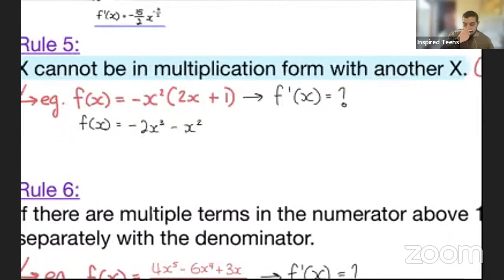Now x is no longer in multiplication, so we can easily find f prime of x, the first derivative. It is equal to negative 6x squared, because I took the 3, multiplied it by the negative 2, and said 3 minus 1, which is 2. And this becomes negative 2x, since 2 minus 1 is just 1. And this is the first derivative.